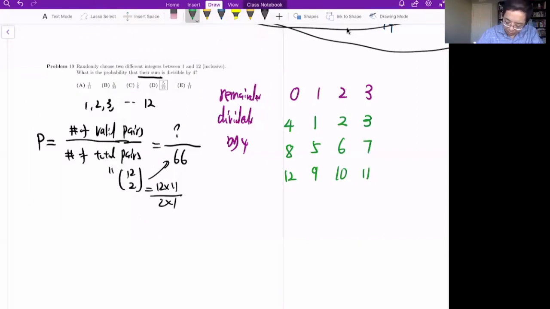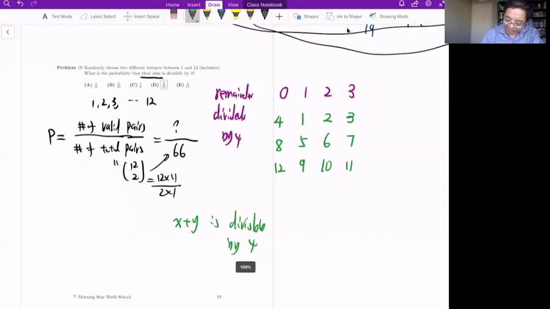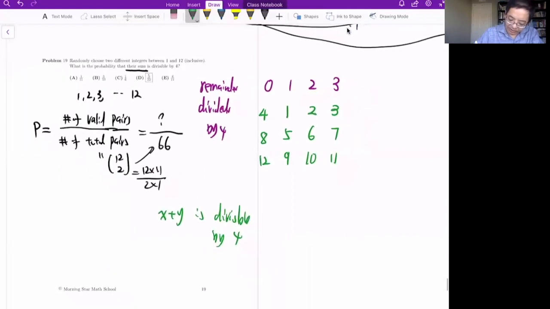In order for x and y to have a sum divisible by 4, we have 3 scenarios. Let's do casework. Case 1: both of them have remainder 0, so 0 plus 0.